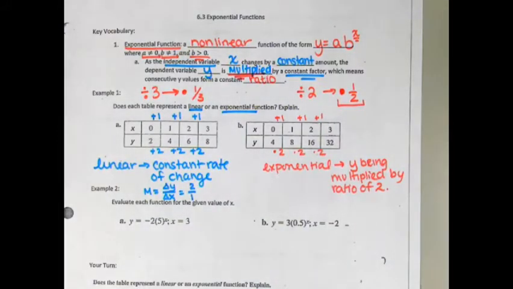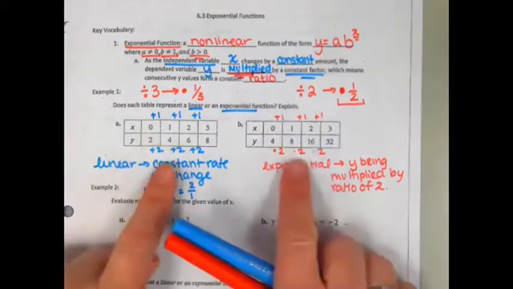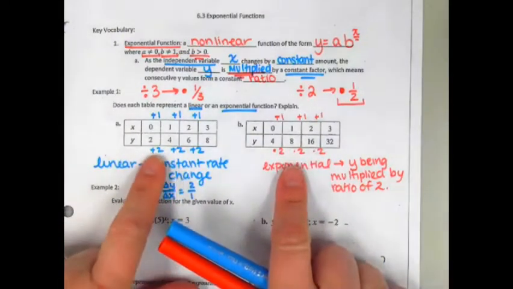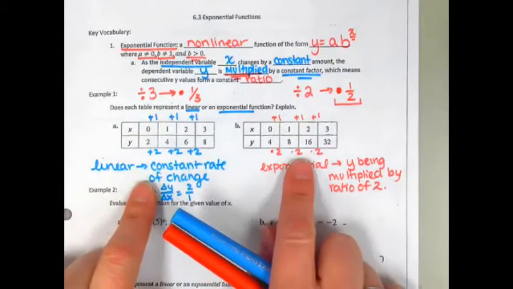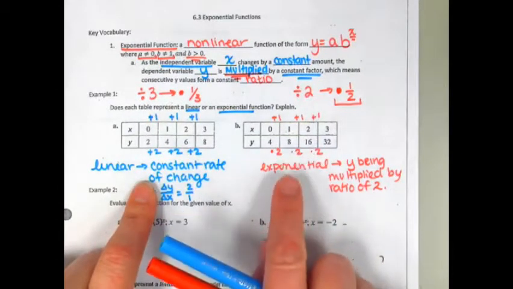So if you notice, the x in both linear and exponential increases by the same amount, right? It could be +1, +2, +3, or they could go down, plus a -1, plus a -2. But it's the y that makes the difference. If the y is being added or subtracted, it is linear. If it's being multiplied or divided, it is exponential.